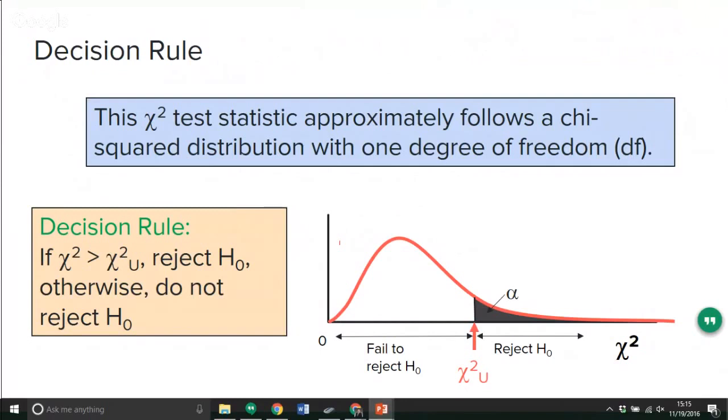And if our chi-square statistic was greater than 3.841, then we would reject the null hypothesis and support the alternate hypothesis. If it's less than 3.841, then we would fail to reject the null hypothesis and we would reject the alternate hypothesis. So it gets a little confusing here again.